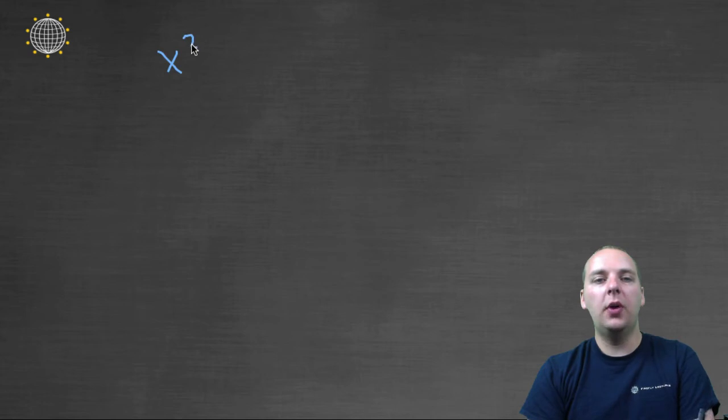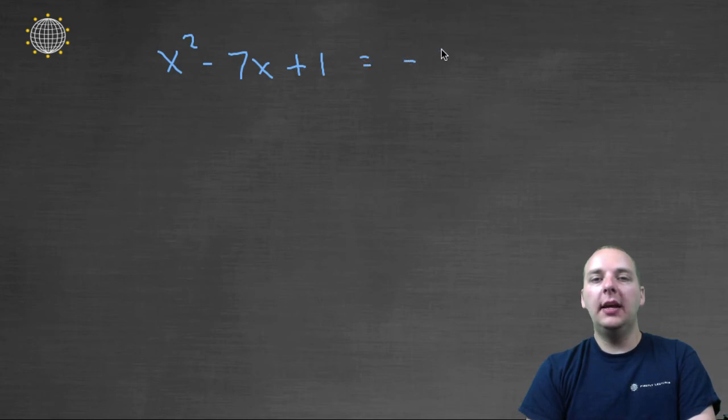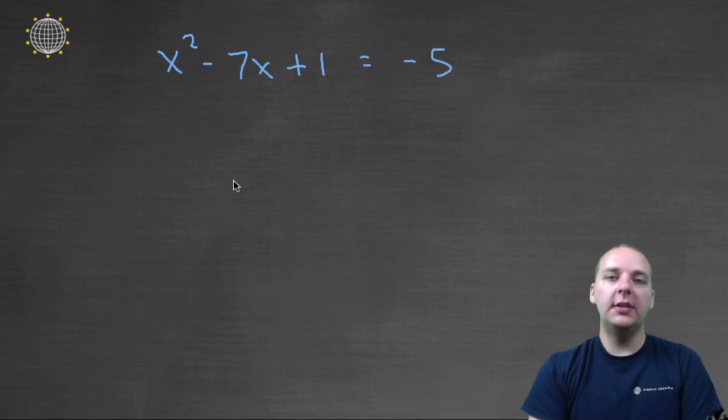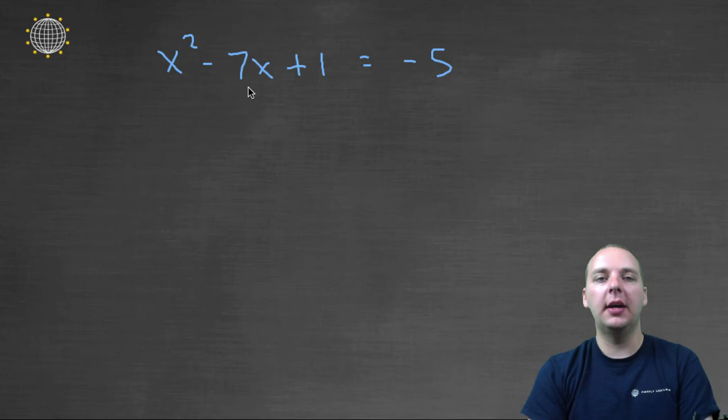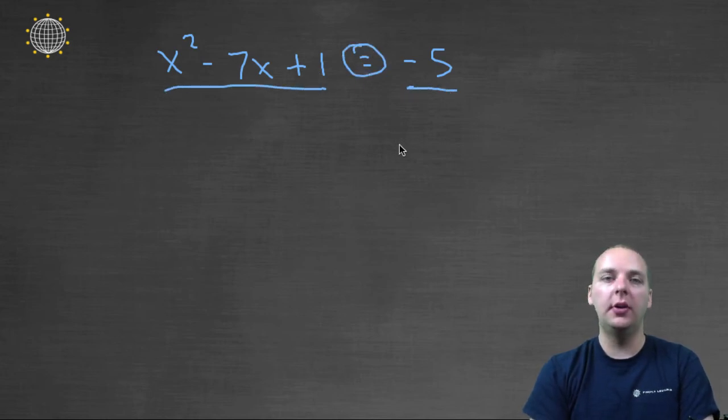All right, now on the other hand, let's look at these examples. What if you had x squared minus 7x plus 1 equals negative 5? Well, see here, this is an equation because I have one expression set equal to another expression. And there are some x's that will make the left-hand side be negative 5, and there are other x's that will not let it be negative 5.